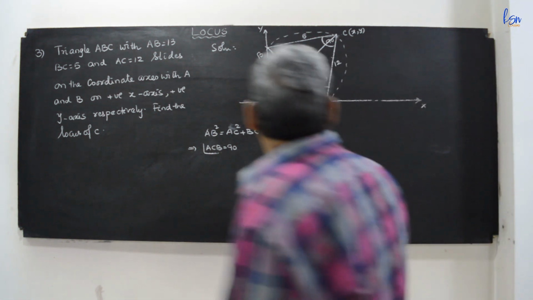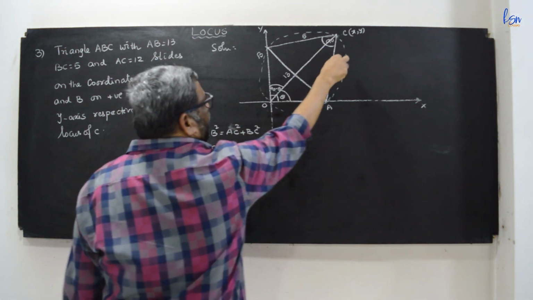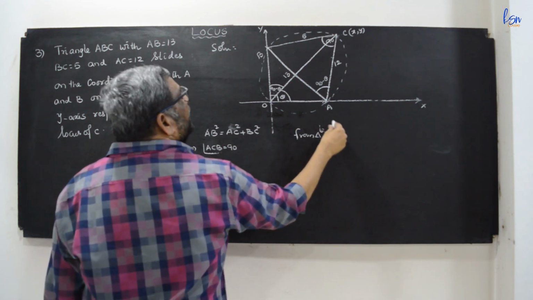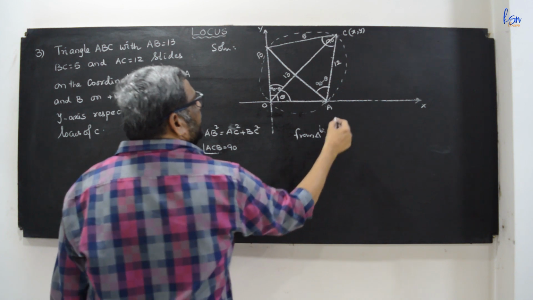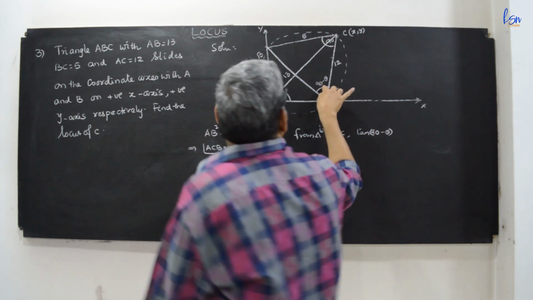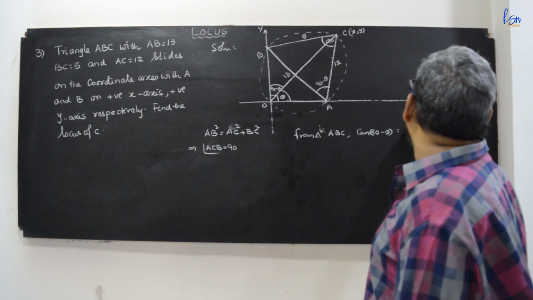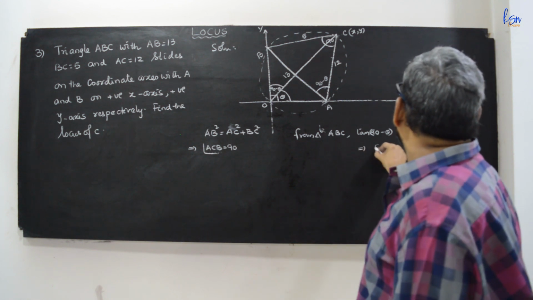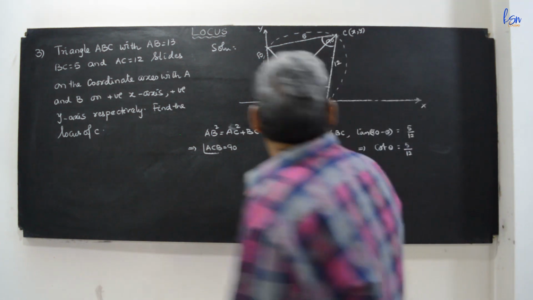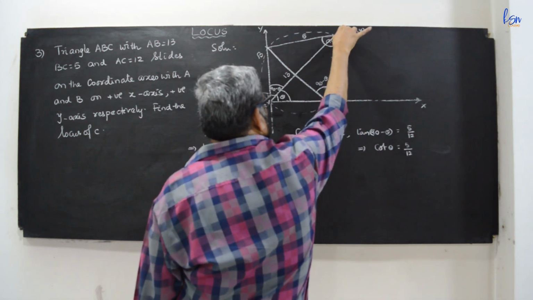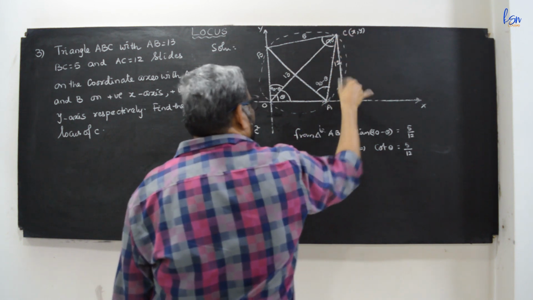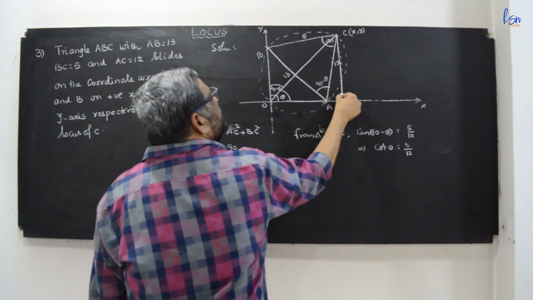Now from triangle ABC, tan(90 minus theta) is equal to 5 by 12, which implies cot theta is equal to 5 by 12. This is one. Now you can draw a perpendicular from this point to the x-axis. So this is the perpendicular.